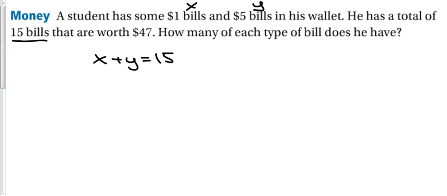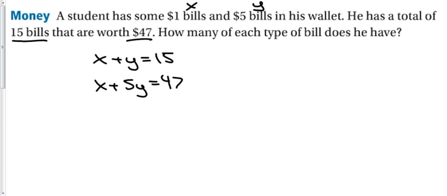$1 bills, last time I checked, were worth $1, right? We don't have to write that though. Plus, $5 bills are worth $5 to give me a total of $47. This system seems like it would be easy to solve with substitution. It also would be easy to solve with elimination. The trick to solving systems of equations is to look at the system and figure out which is the easiest way to do it.